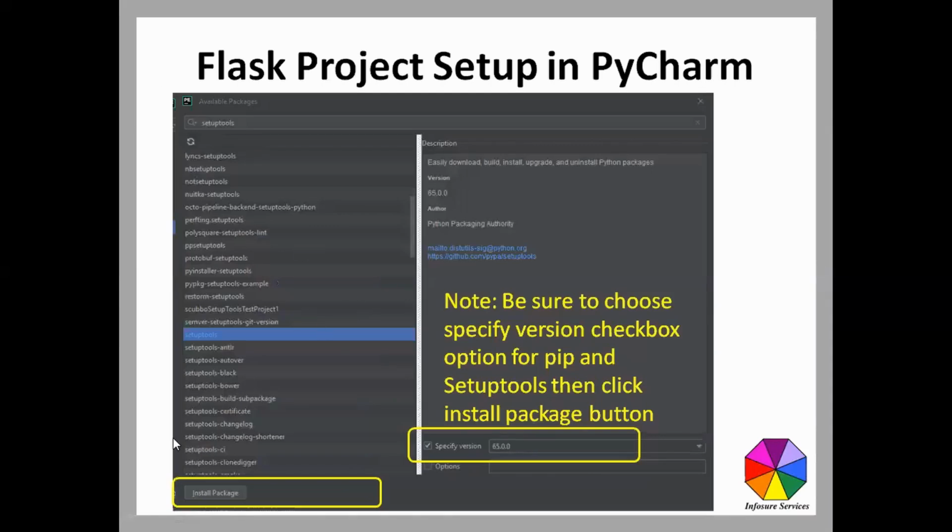When you click on this plus, it shows all the available packages, and you have to update some packages here, such as setup tools. Some of the setup packages will have to be updated because the versions have changed. So be sure to choose a specific version for pip and setup tools.